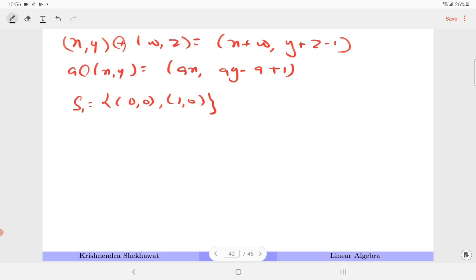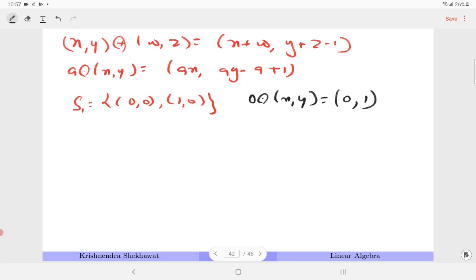In this case, you need to compute the 0 vector. For computing the 0 vector, recall the theorem: 0 dot v gives you the 0 vector. So 0 dot xy means a is equal to 0, the first entry is 0, then 0 minus 0 plus 1, which is 1, so the 0 vector is 0, 1.